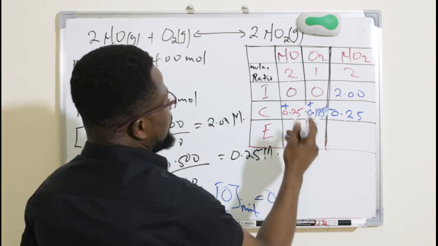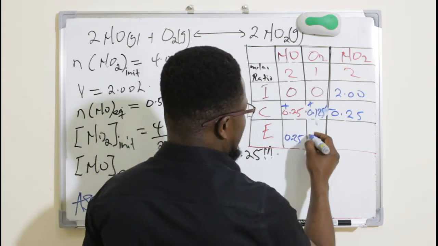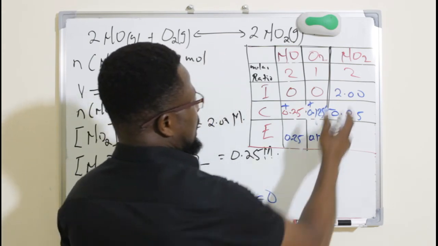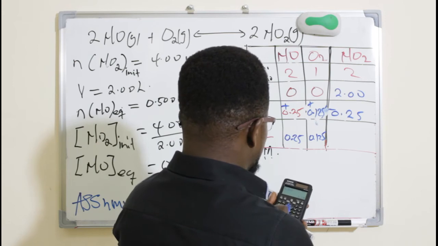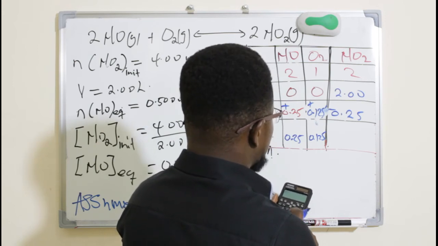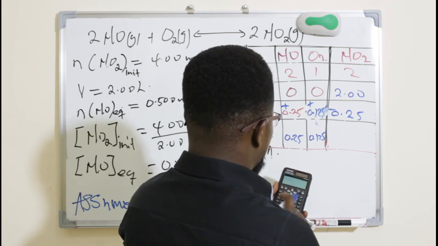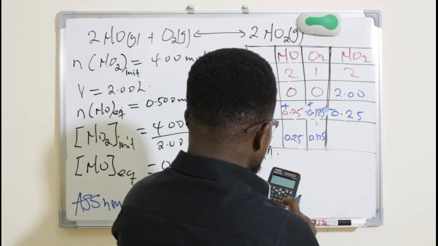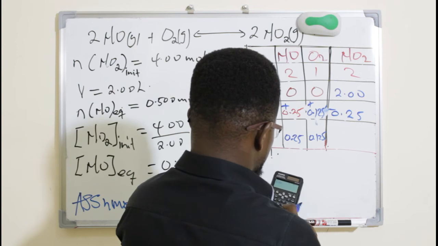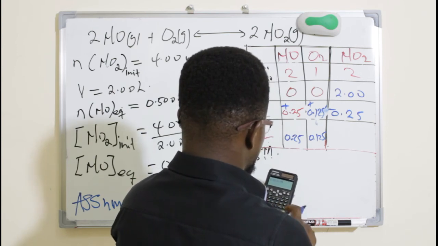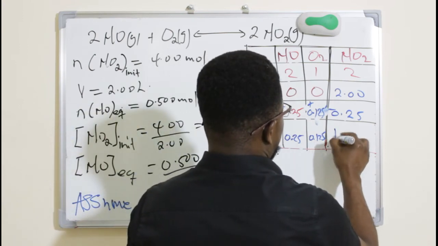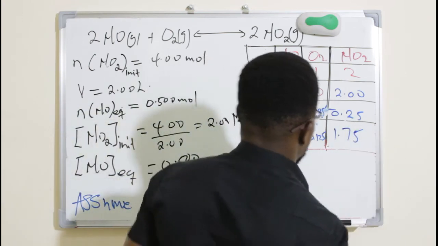Now we need to add this to that, so we're going to get the same thing for this side. This will be 0.125, and now we need to subtract this and say 2 minus 0.25, and that is going to give us 1.75.